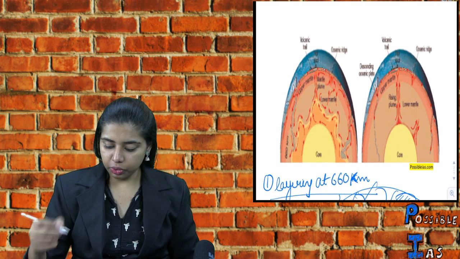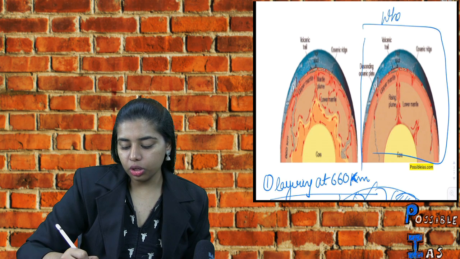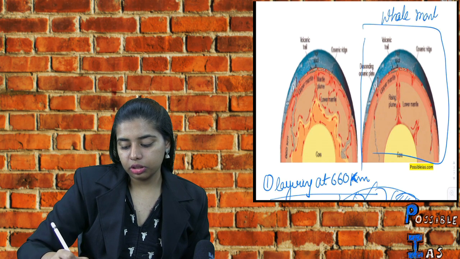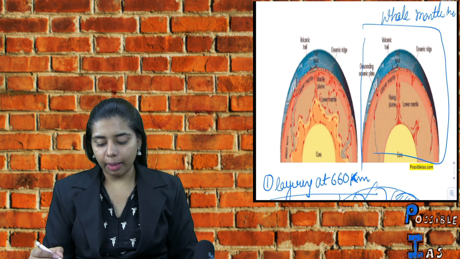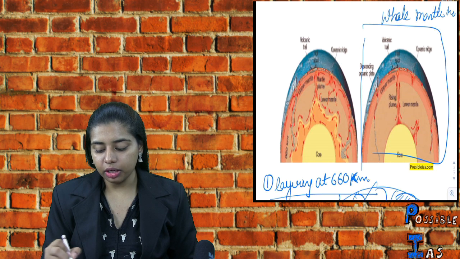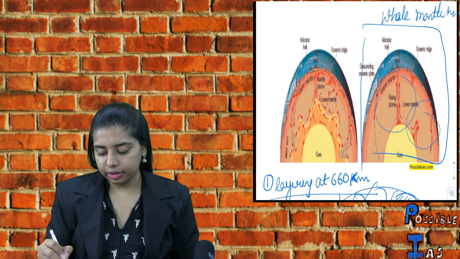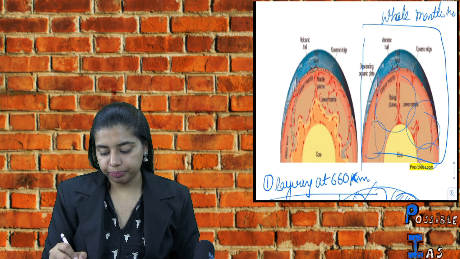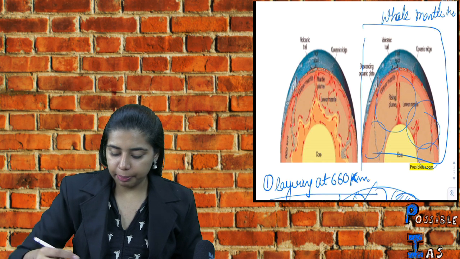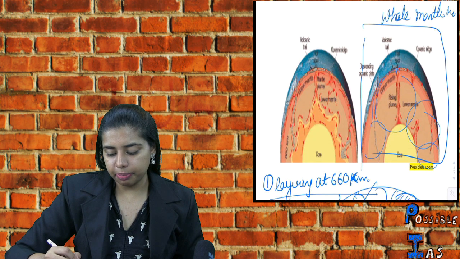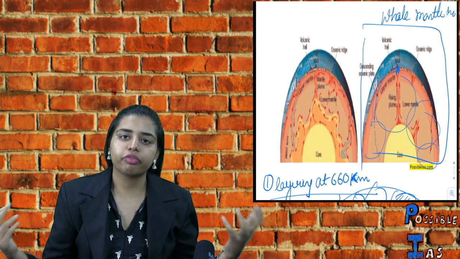Now the second theory was known as the whole mantle theory. As the name suggests, they said that whole convection currents are found like this in the whole of the mantle. So this is one mantle, and when a plate subducts somewhere, obviously somewhere else it is diverging.